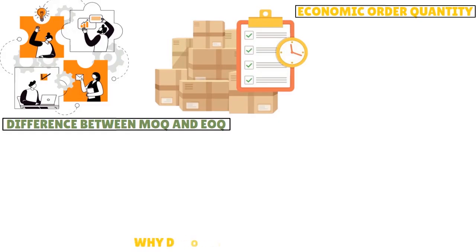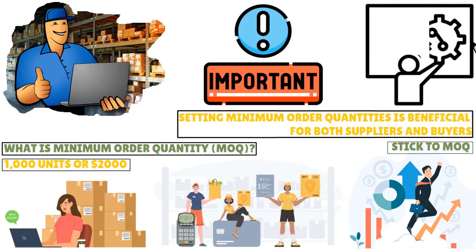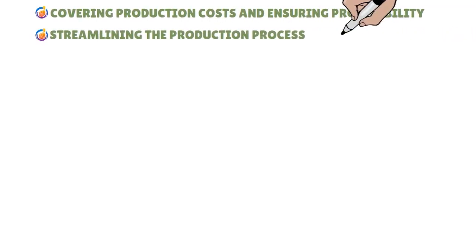And so why do suppliers use MOQ? Let's talk about that. Suppliers implement MOQ for several strategic and operational reasons, all aimed at ensuring that their business is sustainable and efficient. They want to cover production costs and ensure profitability. They want to streamline the production process.